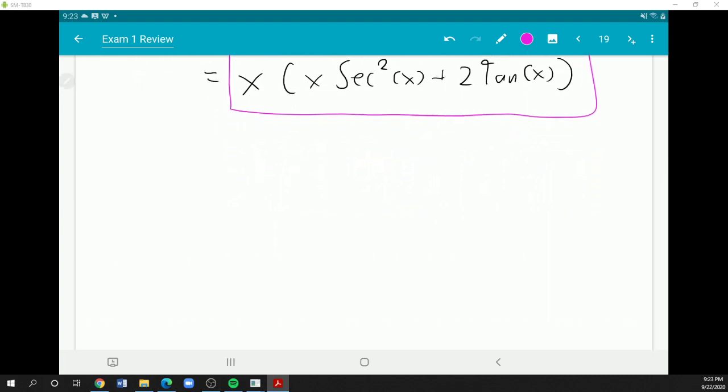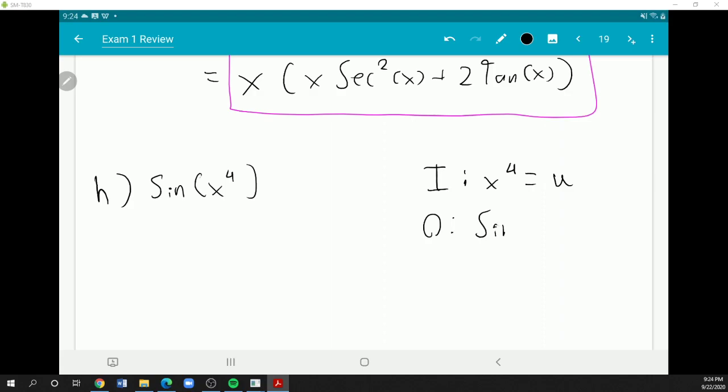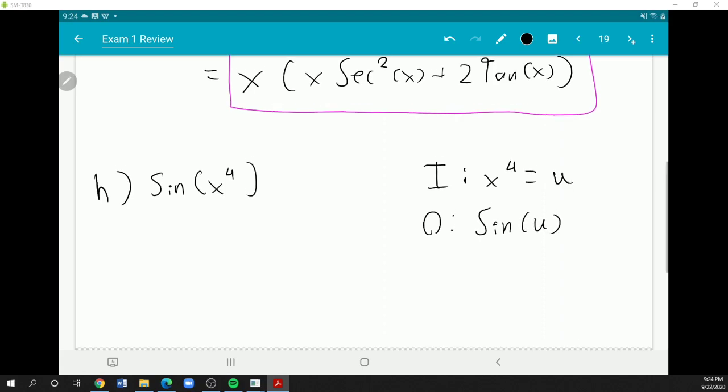Okay. So I think I accidentally stacked these problems, so they went from harder to easier, which is fine. So sine of x to the 4th. This is just a normal run-of-the-mill chain rule. My inside function is x to the 4th. My outside function is sine of u.